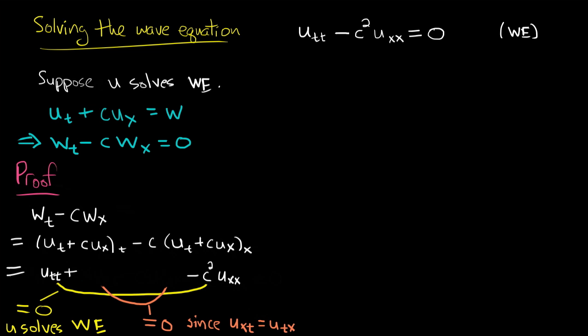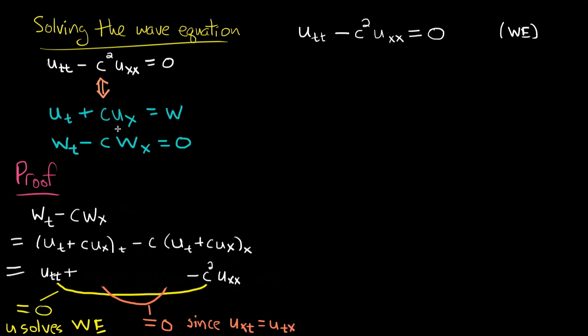So let's rewrite things. Let's erase all this suppose business, and let's say that these two equations are equivalent: UTT minus C squared UXX equals 0 if and only if these two equations are satisfied.